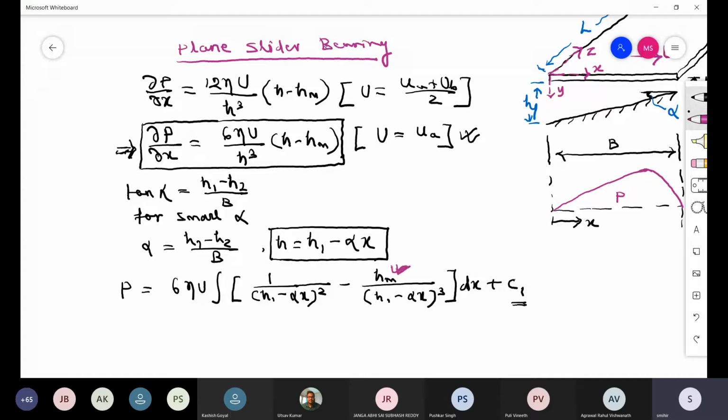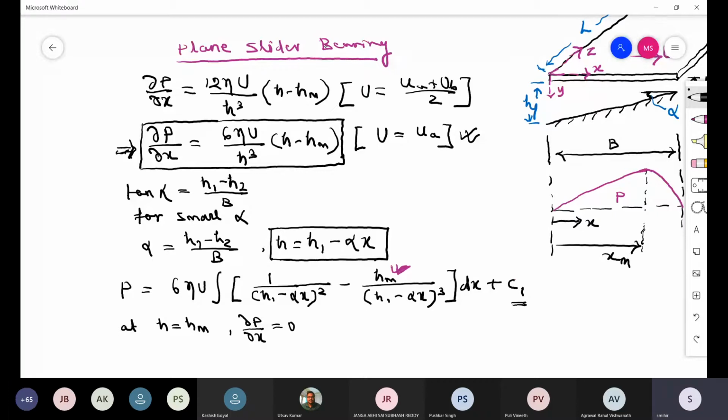But when we started from this governing equation, what we assumed is at H equal to HM, del P upon del X equal to 0. So that means this is the point. Imagine, we can define this as xm.